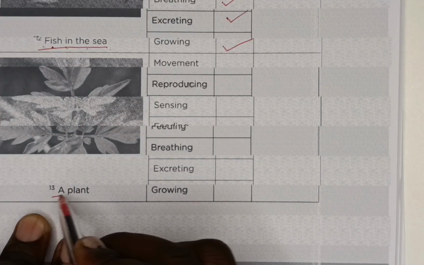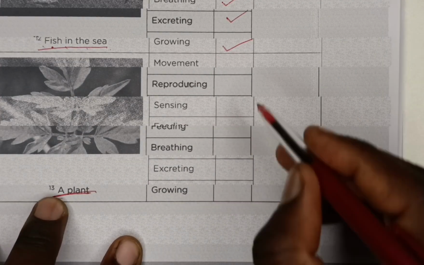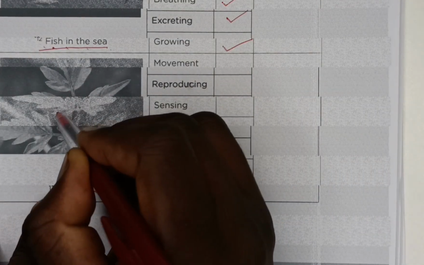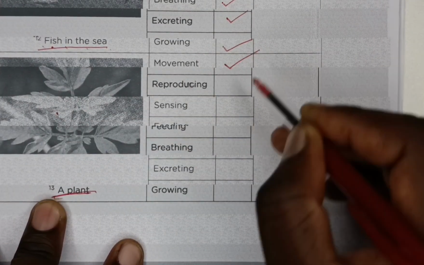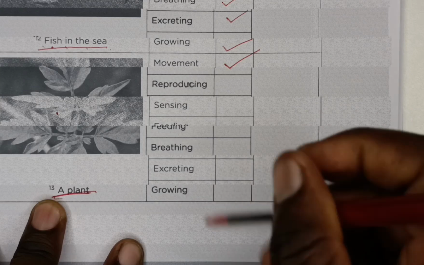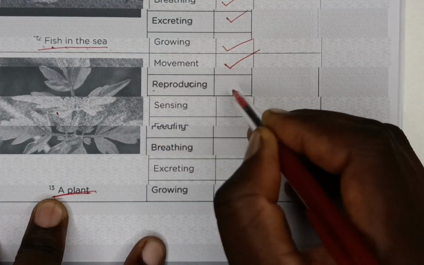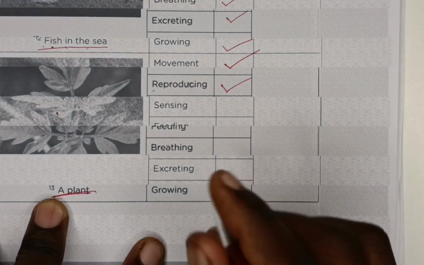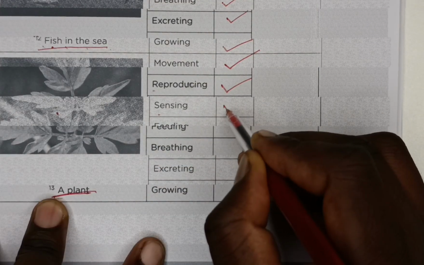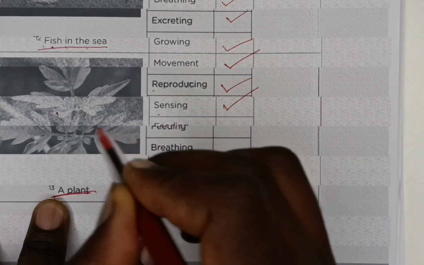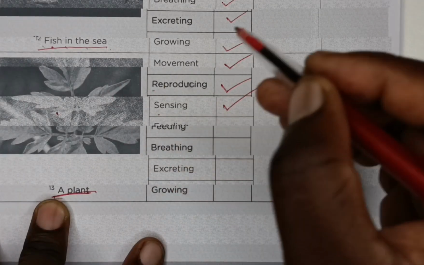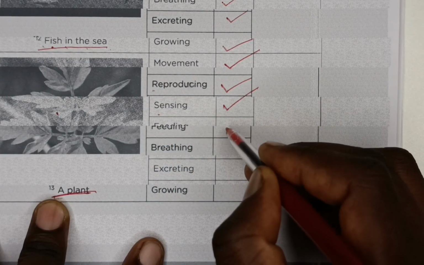So this is a plant. Then let's check it. Can a plant move? Yes. The root grows downwards and the stem grows upwards. So they move. Do they reproduce? Yes, they do. Do they sense? Yes. We said that when they sense that a season has changed, they change the color of their leaves.